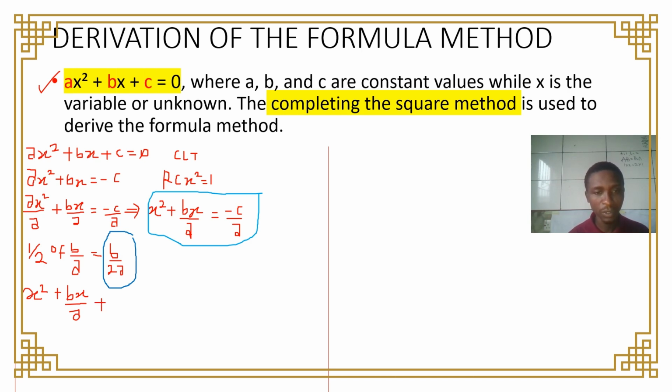So plus, as I've said earlier, we are squaring that, b over 2a all squared, equal to minus c over a plus b over 2a all squared.